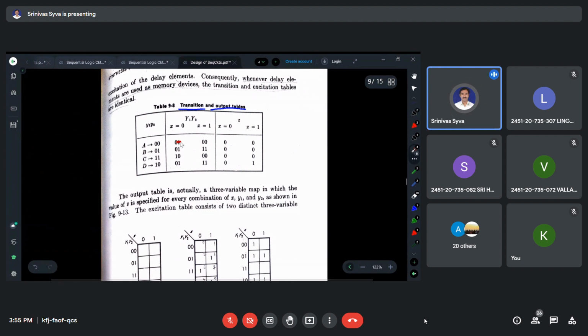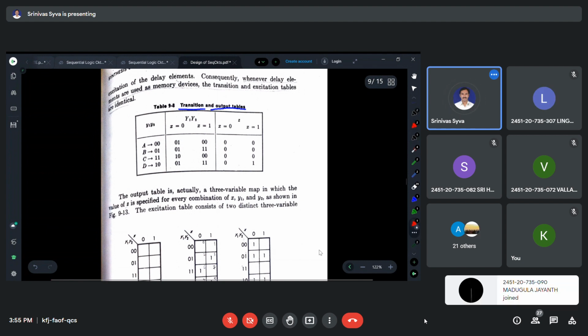So here it is 0 1. This is nothing but B actually. Okay, I will write it for clarity, for convenience. I will write here once again. This is nothing but state B only.